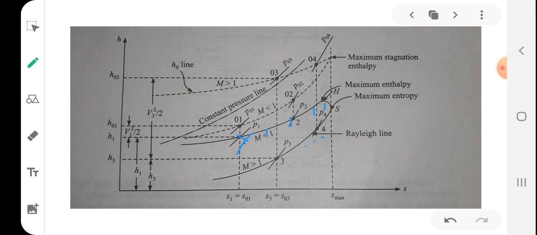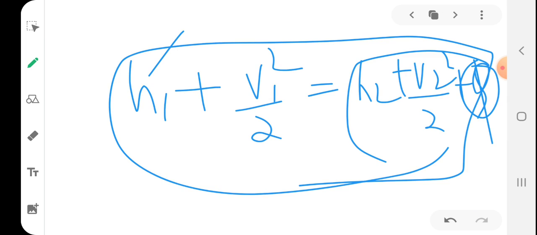For this particular Mach number, you can see this much is the velocity, and for the second point, the velocity is this much. So the velocity is increasing.